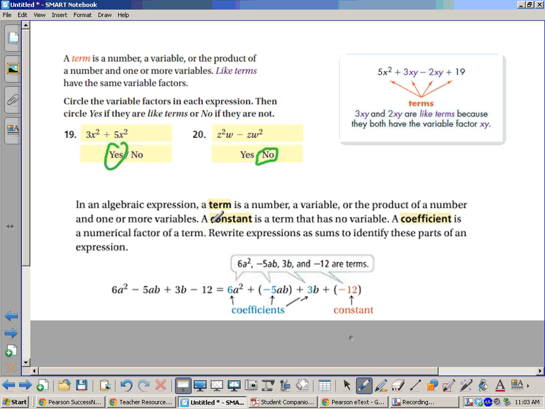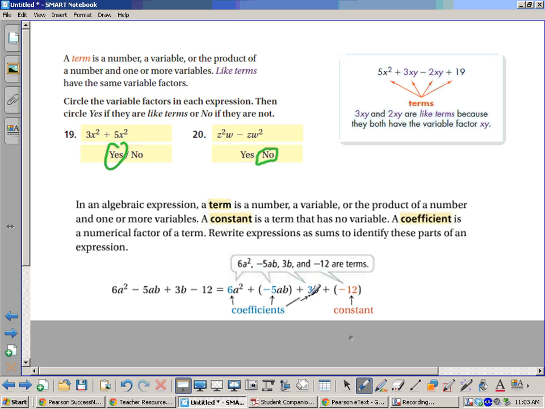A constant is the term on the end that has no variable, so this is called a constant. A coefficient is the number in front of each variable. So we have 6a squared, minus 5 becomes a -5. We rewrite this as plus a negative. So any minuses have to be interpreted as negatives.